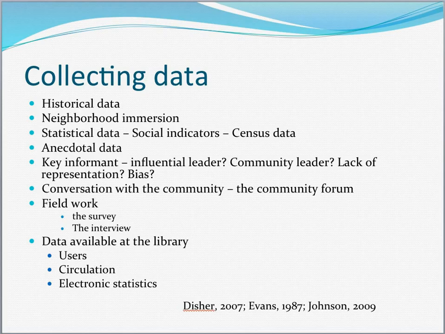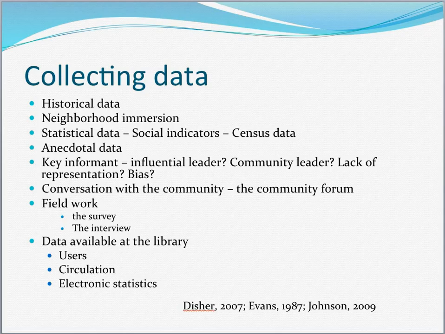And following the community analysis or the needs assessment, then we can decide on what materials we are going to select for our collection. Of course, there is field work. We can do surveys, we can do interviews, and there is data available at the library. We have user records, we have circulation, and we have electronic statistics.